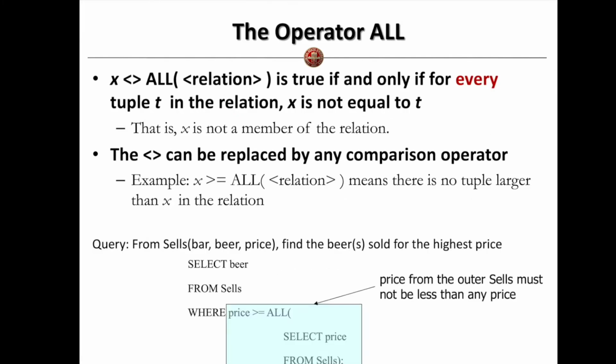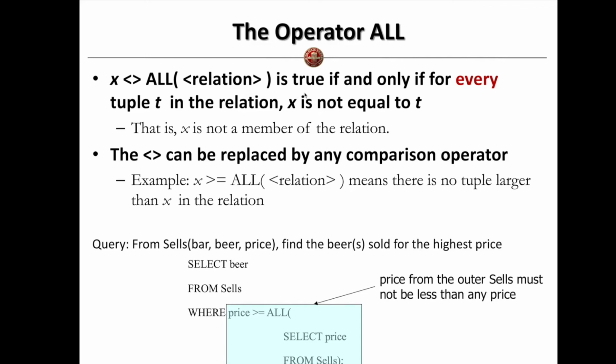Besides the any, another operator, which is very similar, is called the all operator. This all operator is very similar to the any, however, it conveys very different semantic meanings. The grammar for this all operator is very similar. We can use, like, x not equals all of a relation.